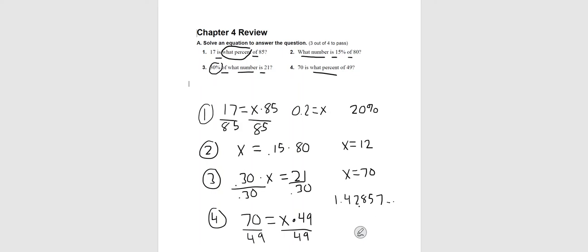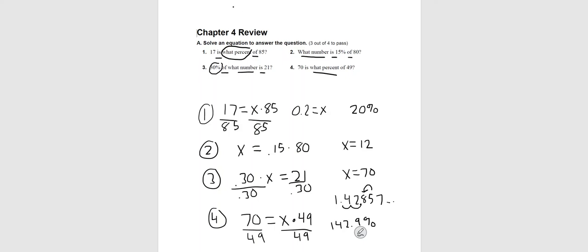Because we're wanting to know what percent this is, we have to change this decimal to a percent by moving the decimal 2 places to the right, and then we're going to round to the 10th spot. So this would end up being our 10th spot. Because this is 5 or bigger, this would round up to 9. So we would have 142.9%. Okay, so that's part A.